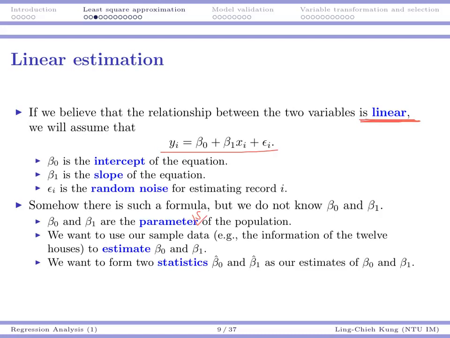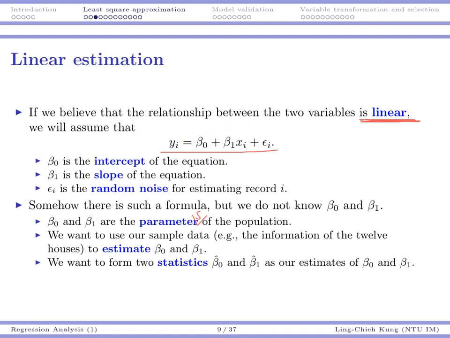We want to use the 12 pairs of numbers to form two statistics. We call them beta hat 0 and beta hat 1 as our estimates of beta 0 and beta 1. They are statistics, just like we use the sample mean to estimate the population mean. Now our question is, given that we want to estimate the two population parameters, beta 0 and beta 1.